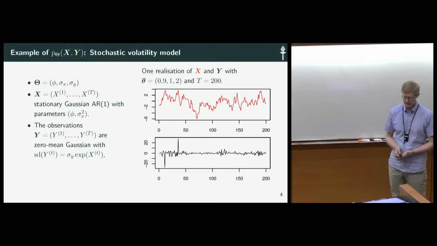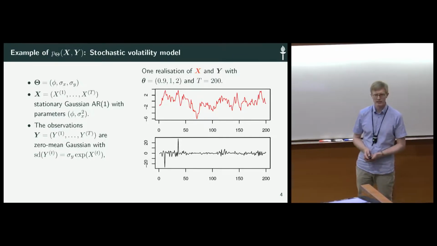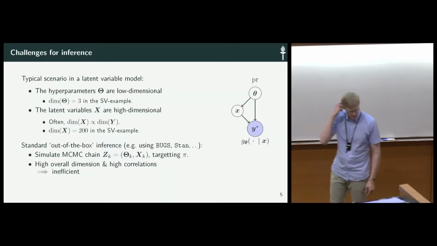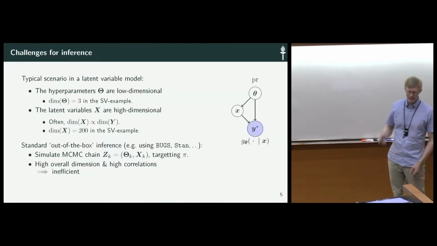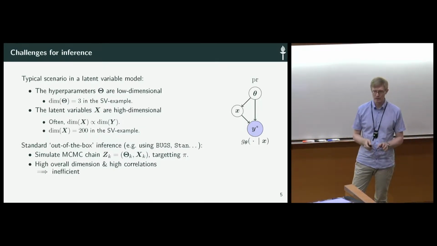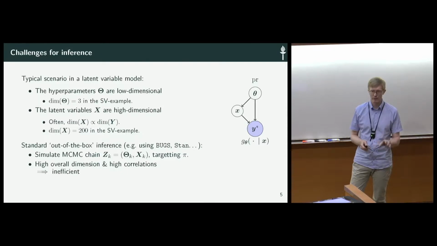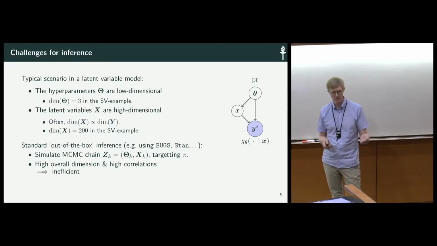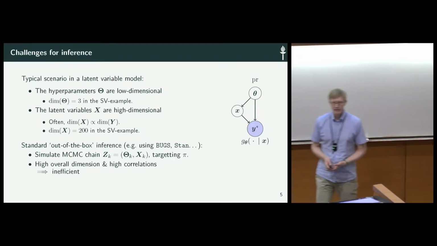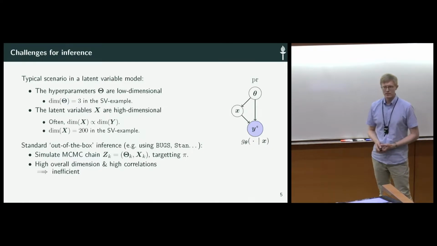But it captures certain features of these latent variable models, which I want to emphasize. And what are those? In many cases, the hyperparameters live in a low dimensional space, or there are only few hyperparameters. Like in that example, we had 3 hyperparameters. But the latent variable space is large.